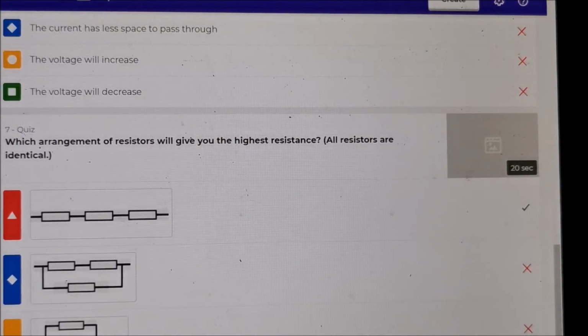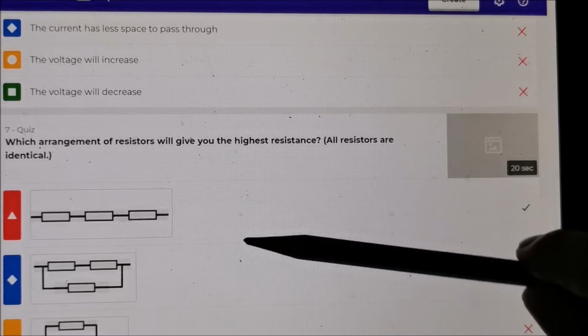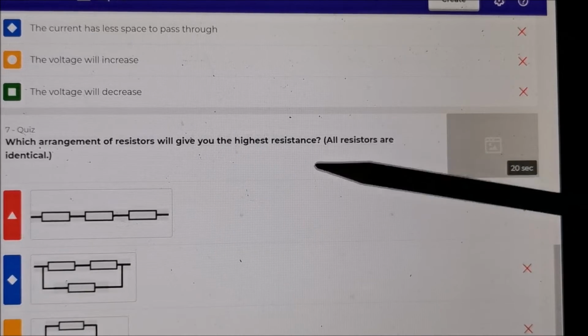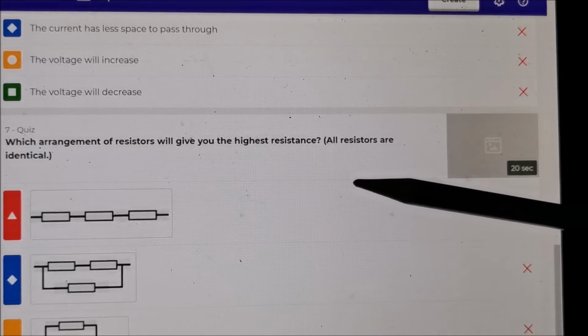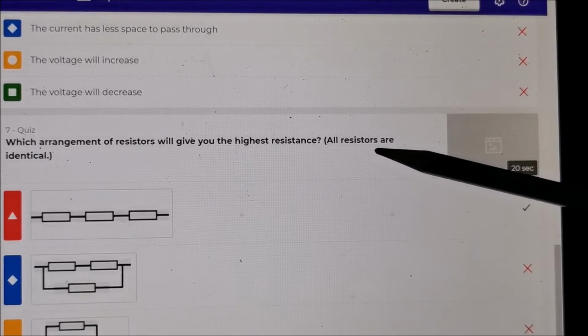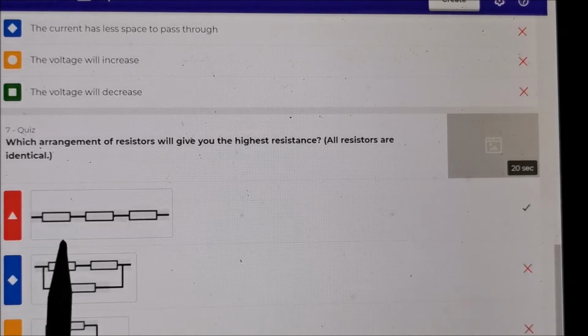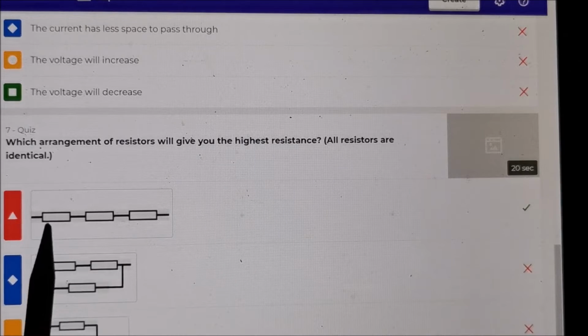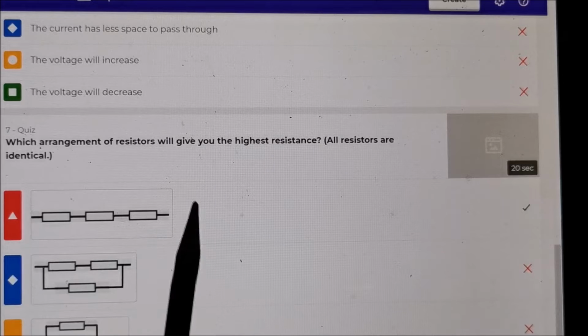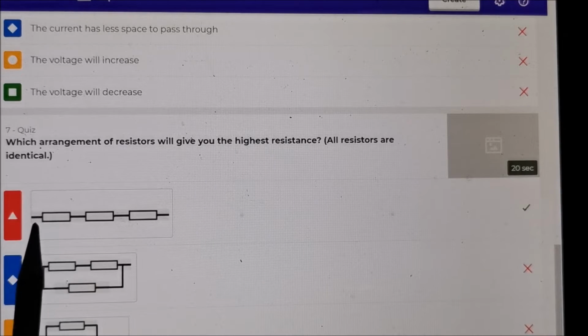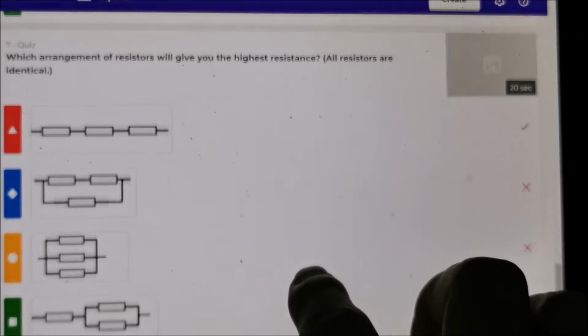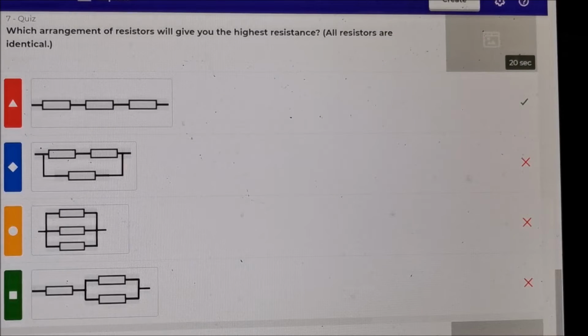Which arrangement will give you the highest resistance? They tell you all the resistors are identical. That means the resistance values are the same. What is this type of connection called? If you remember carefully, we call this the series connection.